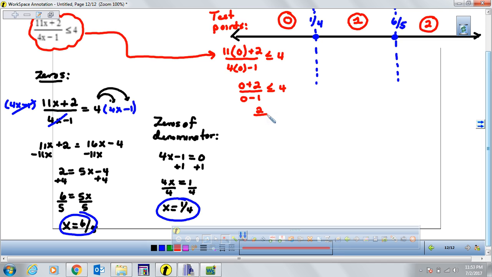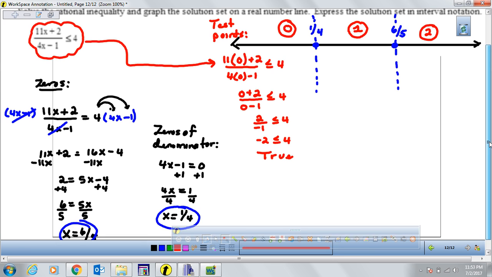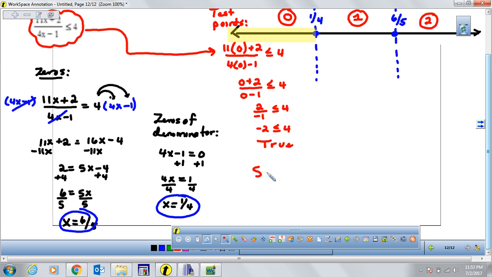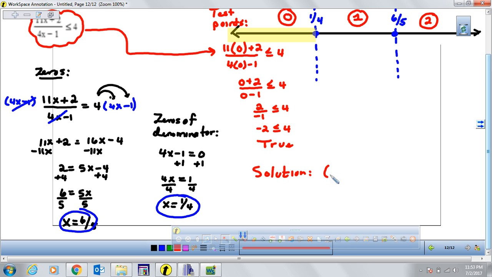So you're going to get 2 divided by -1, which is -2. Is that less than or equal to 4? True or false? That is true. So what does this mean? That any number from -infinity to 1/4 is going to be a solution because it makes the original inequality true. So far the solution is anything from -infinity to 1/4.